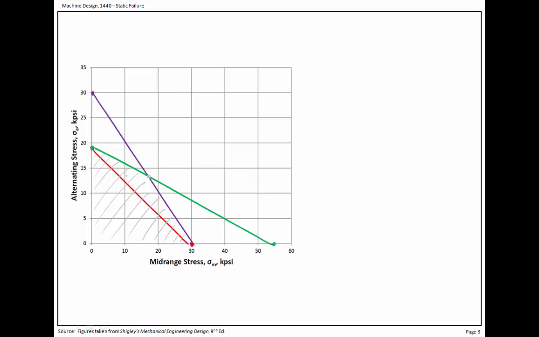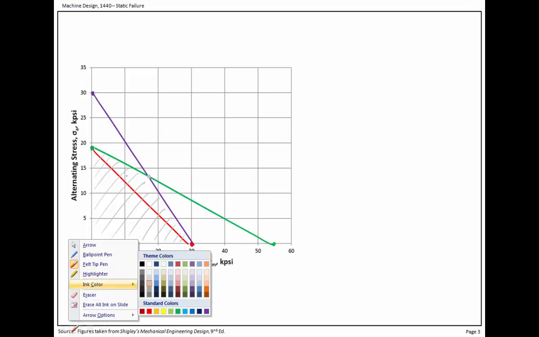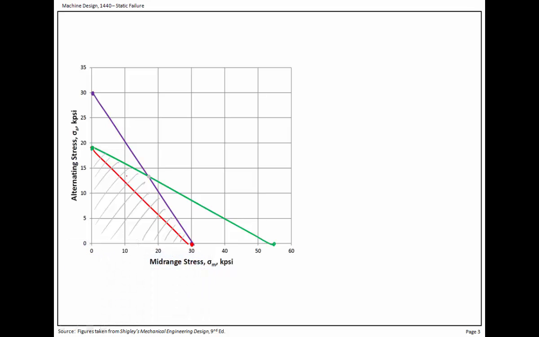The next part is to calculate the mean and alternating stress. So the mean stress, or mid-range stress, is really just the average of the two stresses, right? So you could either do the stresses or you could do the forces, all right?